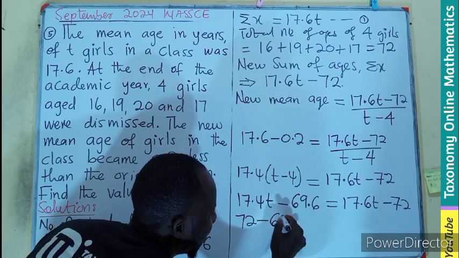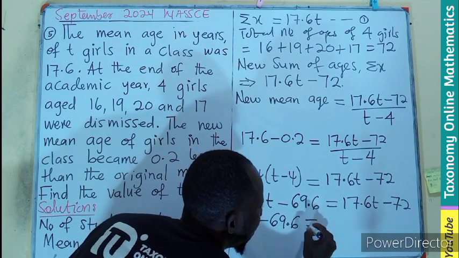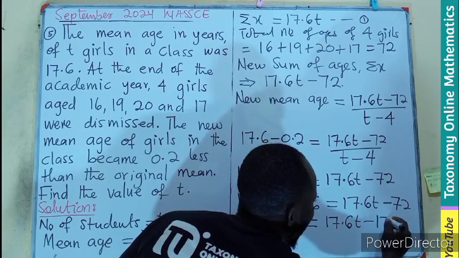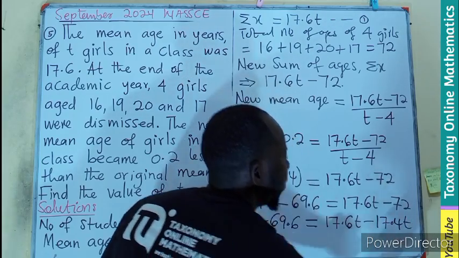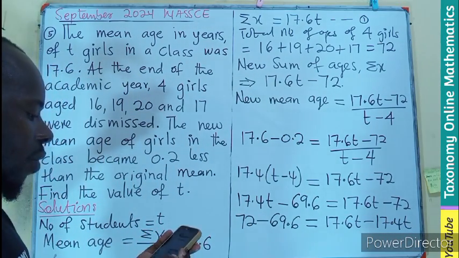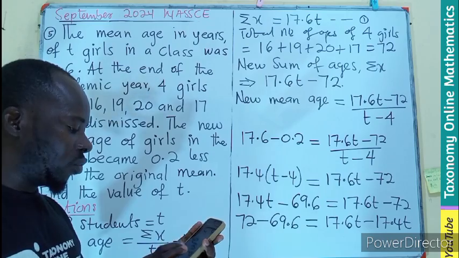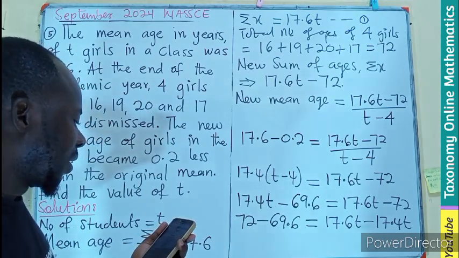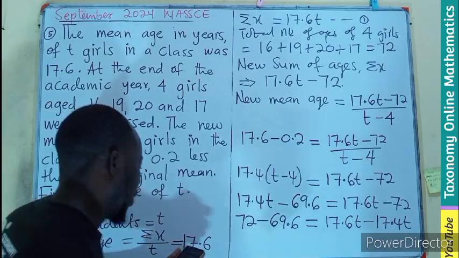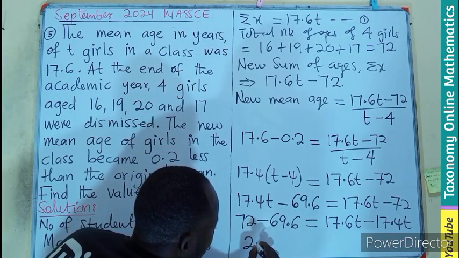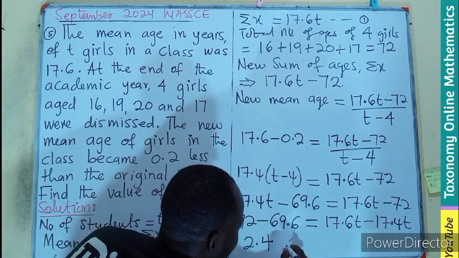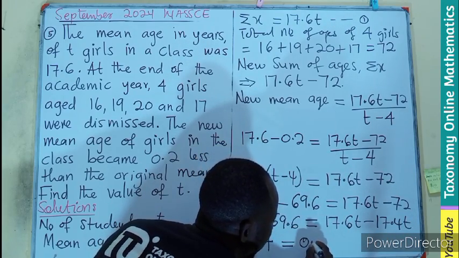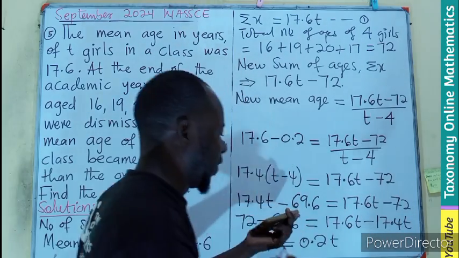Then minus 69.6 equals 17.6 T minus 17.4 T. Let's see what that will make. 72 minus 69.6 will be 2.4, equals the difference, which was 0.2, so 0.2 T.